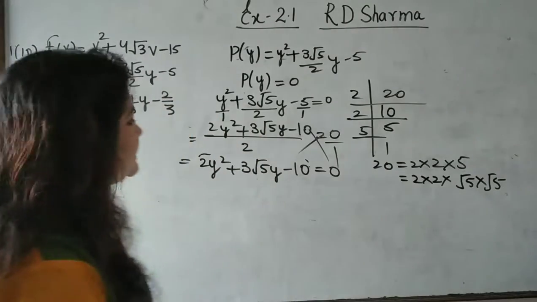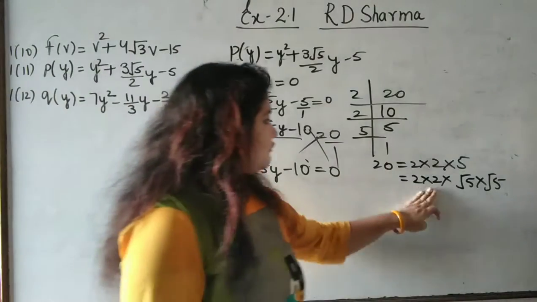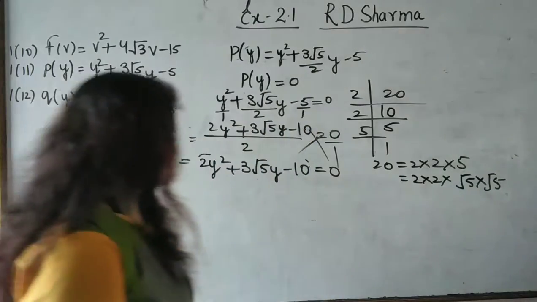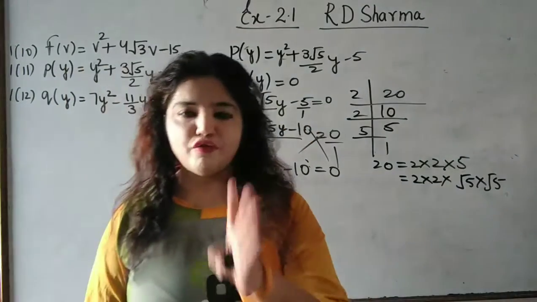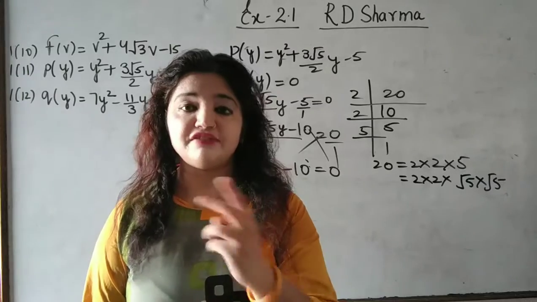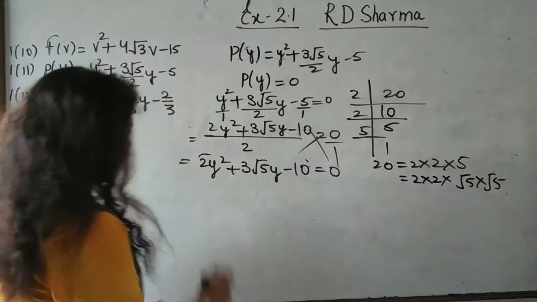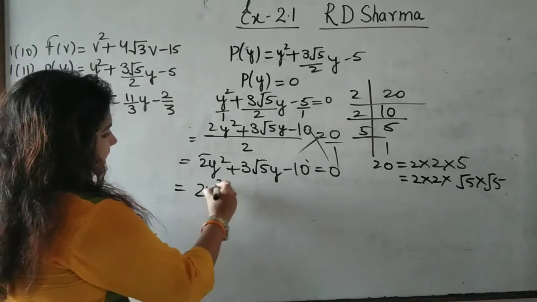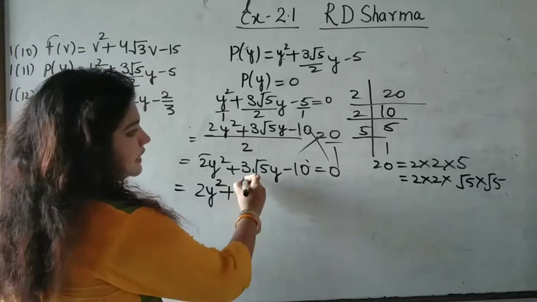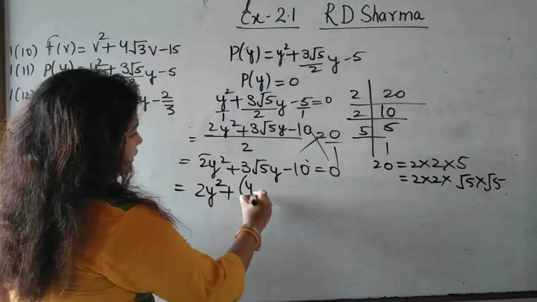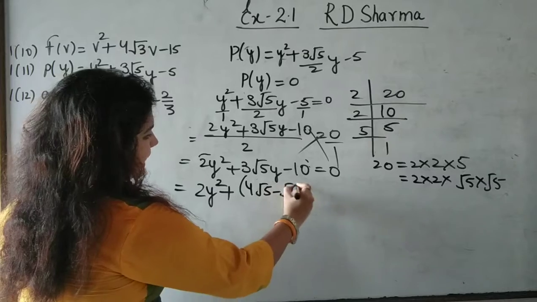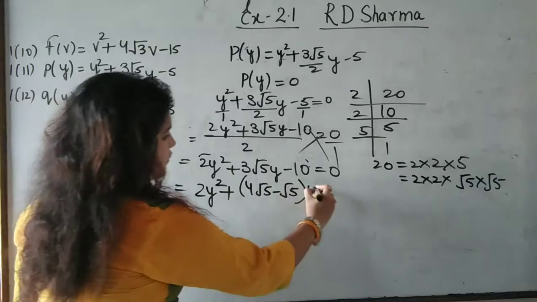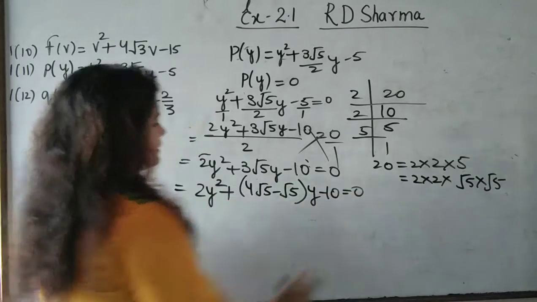So that means, yes, 4 under root 5 minus root 5. Am I right? 4 under root 5 minus root 5 will be equal to 3 under root 5. Okay, we got it. So 2y square plus, in the place of 3 under root 5, we will write (4 under root 5 minus root 5), bracket closed, y minus 10 is equal to 0.